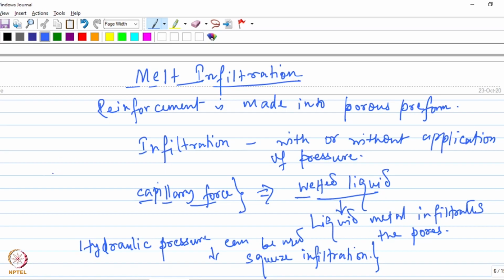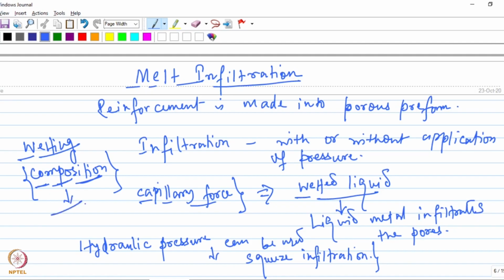But in any case, wetting of the solid by the liquid is crucial, and therefore the composition of the metal will play a role, because how well the solid surface will be wetted by the liquid would depend on the composition of the liquid, or the composition of the matrix material that we are using here. So this also has to be considered when you make composites by the melt infiltration process.